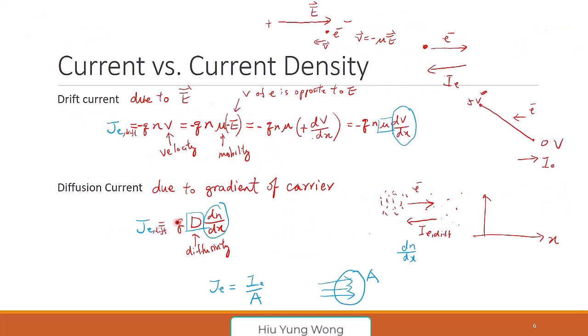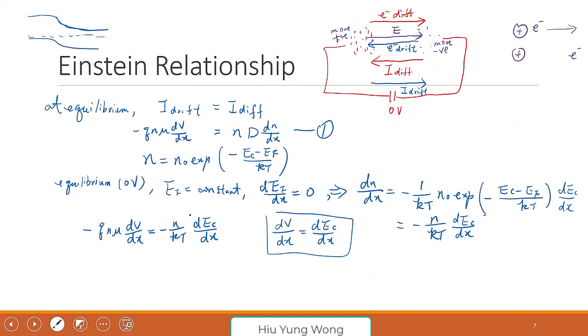This is q, this is qD. From here I copied the wrong thing. This one should be q also, not n. This is qD, okay? And now I need to put back this qD here. So now you see dV/dx and dEc/dx can be canceled, and then n can be canceled, q can be canceled. You come up with something called the Einstein relationship.